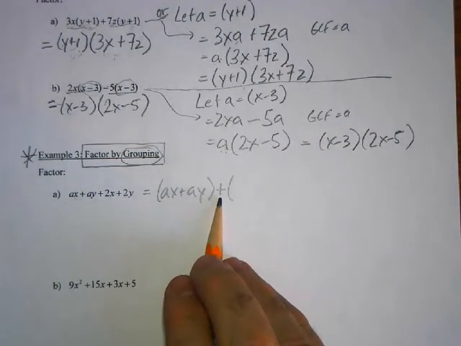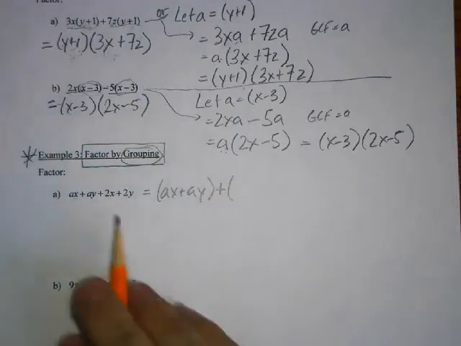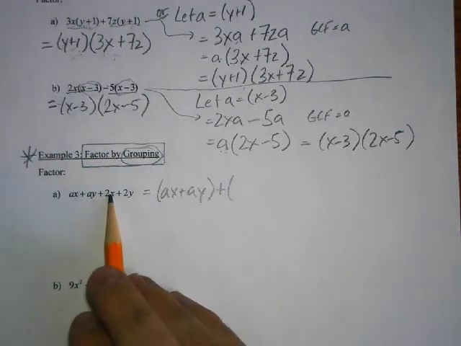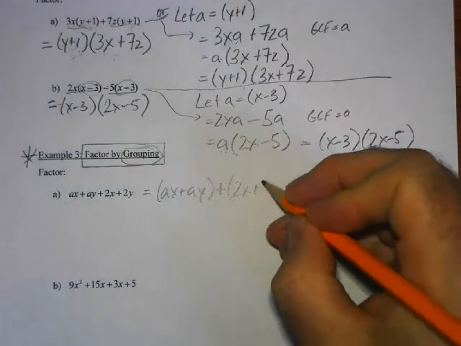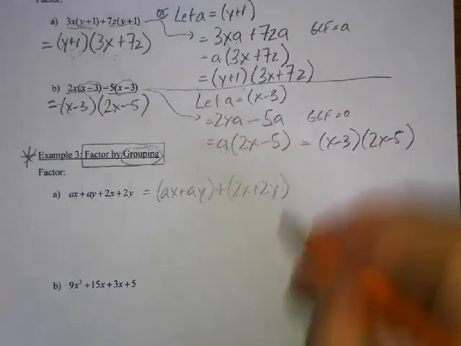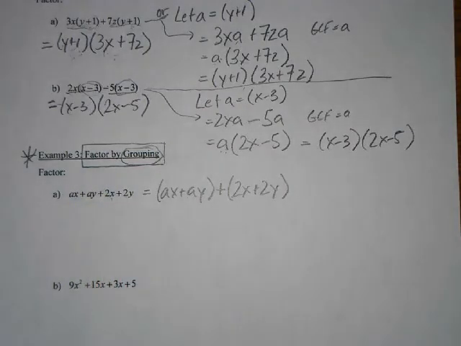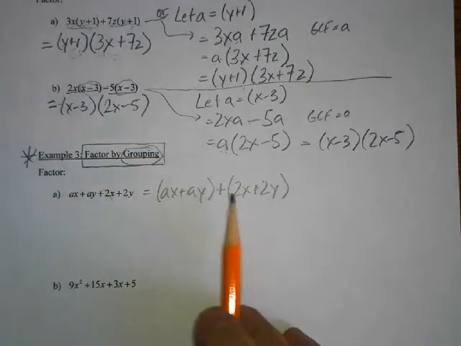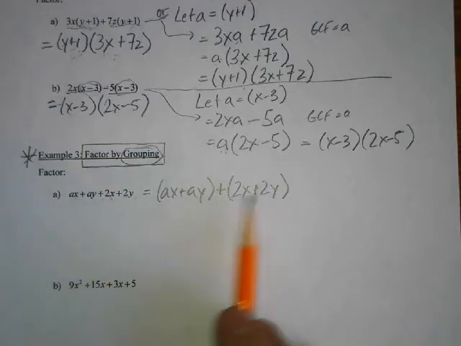Very important, because you're not multiplying these two things, you're adding the two sets of brackets, and then the third and fourth terms go inside the second pair of brackets. Okay, so all I've really done is put brackets around first and second, and third and fourth. It gets a little trickier when you have a minus sign in front, because you end up having to switch the sign of the fourth term. So we'll see that in a couple lessons from now.